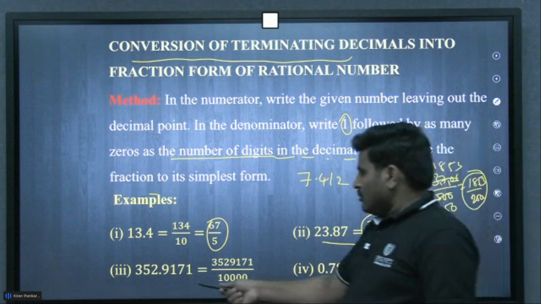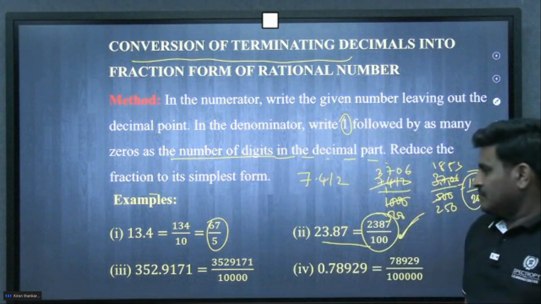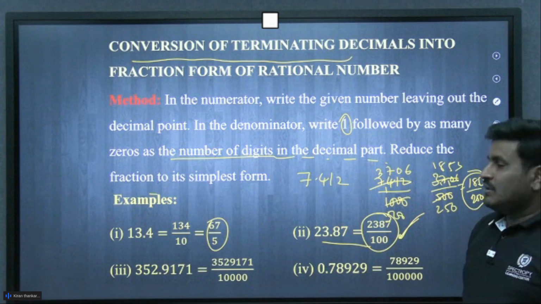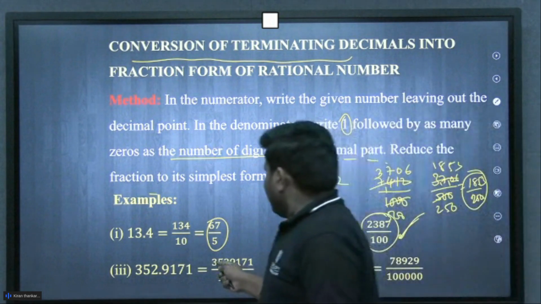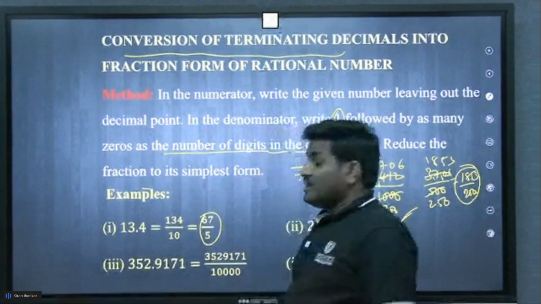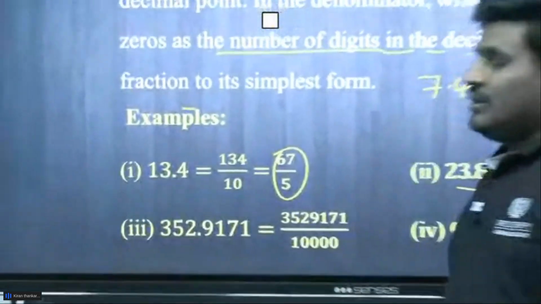Let's see one more question, 352.9171. We can write this as 3529171 by 10,000.